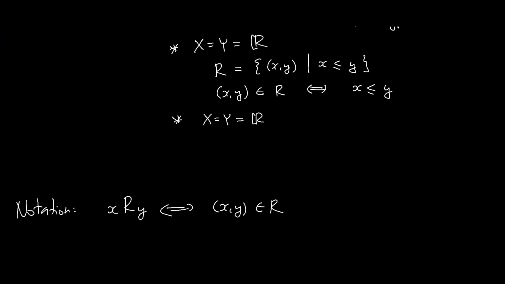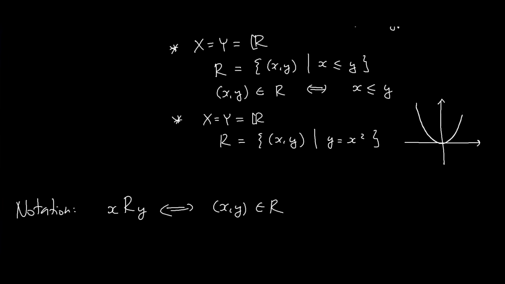X and Y are both real numbers, and now the set R is a set of ordered pairs x, y, such that y equals x squared. And then we usually like to draw the graph of such a relation. And if we think of the graph in terms of its set of points, every point has both x and y coordinate, right? And so we can actually think of the graph itself being the set R.